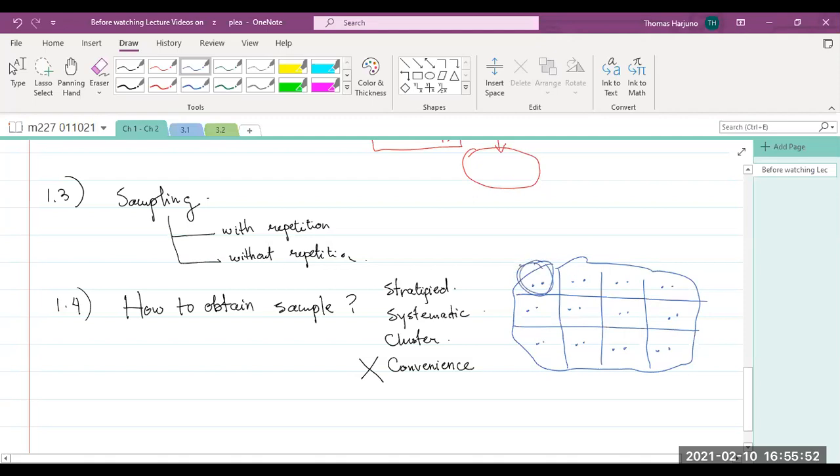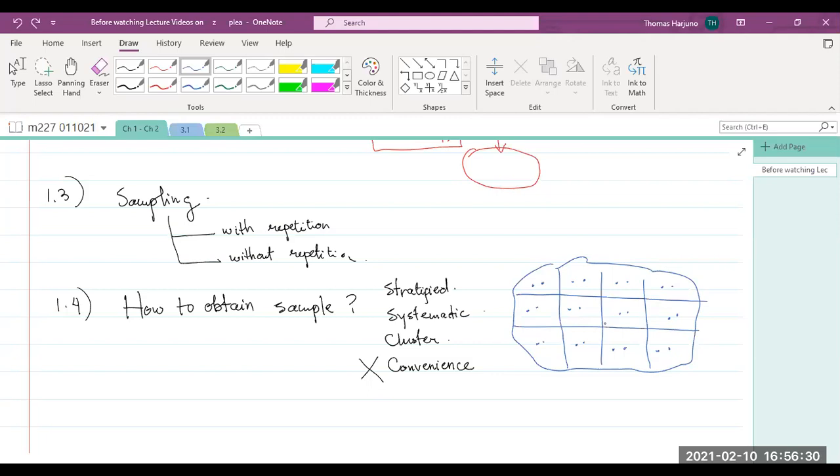From this class, you take so many people, from here, so many people, and so on. That's stratified. What is clustering? Very similar to stratified, but basically you break the population into non-overlapping classes first, and then you randomly select some of the clusters, some of the states, or some of the classes as your sample.